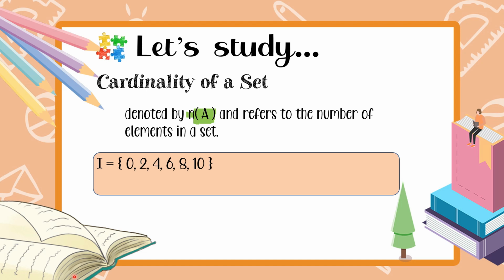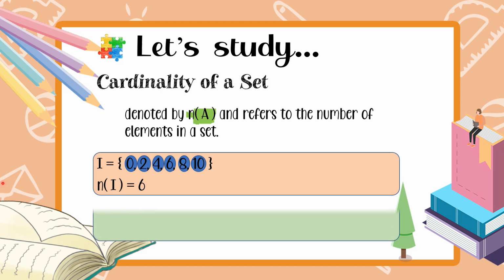So, to get the cardinality, bibilangin natin kung ilan yung elements ng isang set. So, we have here 1, 2, 3, 4, 5, 6. So, there are 6 elements in set I. Meron tayong 6 elements. Therefore, the cardinality of set I is 6.